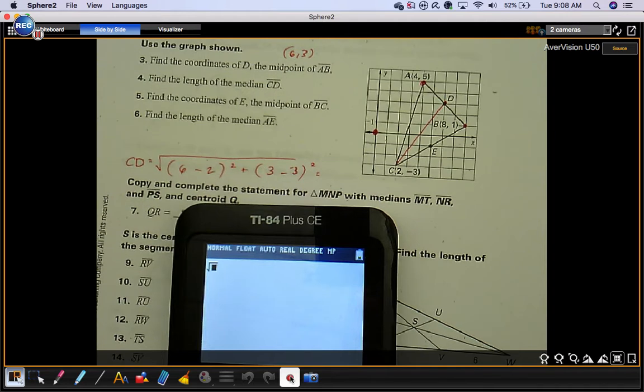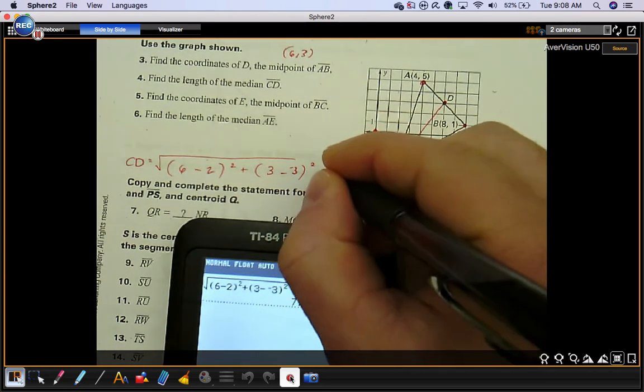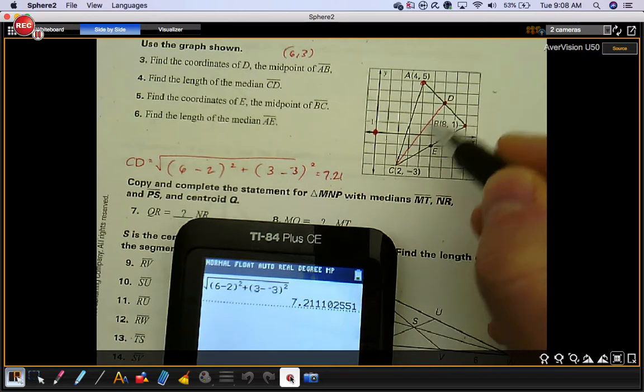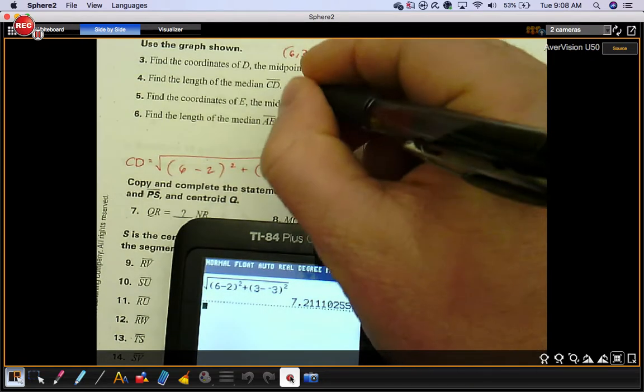So we're going to take the square root of 6 minus 2 squared and 3 minus negative 3 squared. That'll give us 7.21. That's how long this segment is. That's our median.